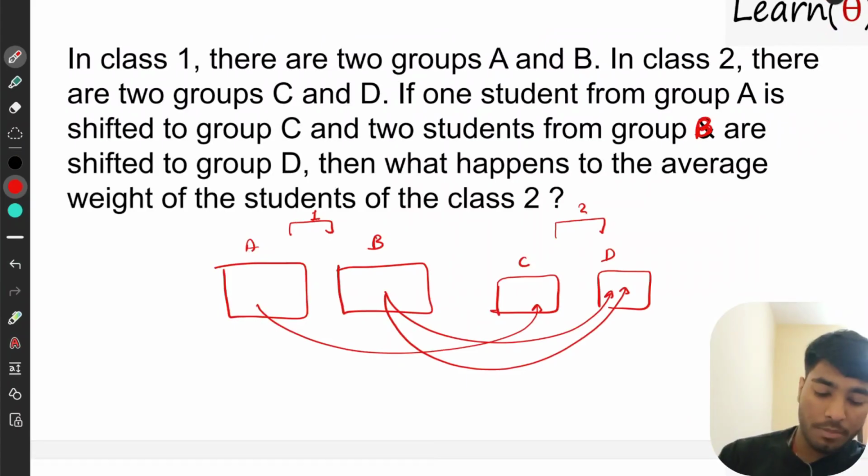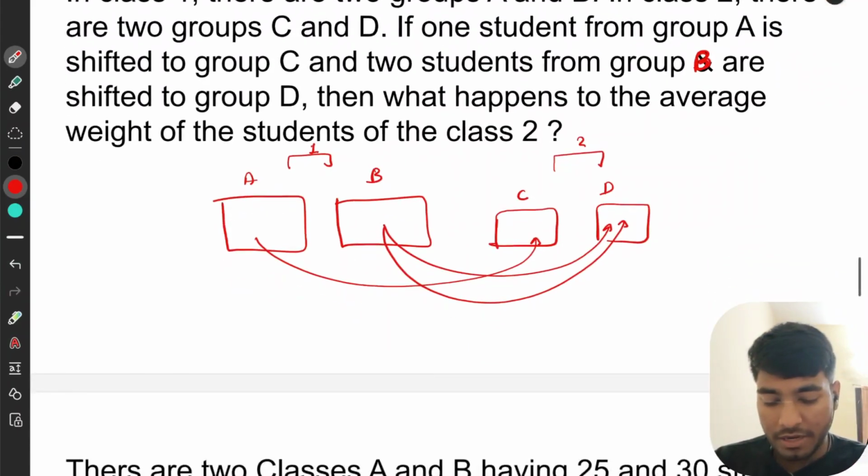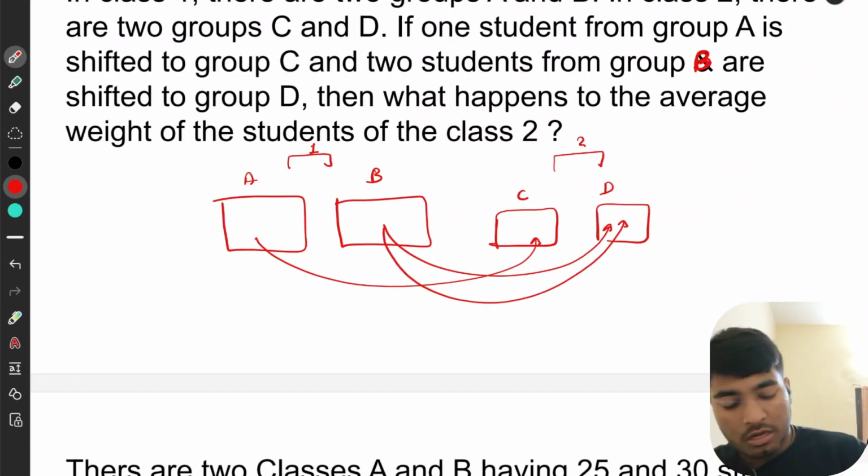Then what happens to the average weight of the students of class 2? Whether it will increase, whether it will decrease, or what? Are you getting what I'm trying to say? Does the question give you any value? Let us say that the weight was W1 and now the weight is W2.